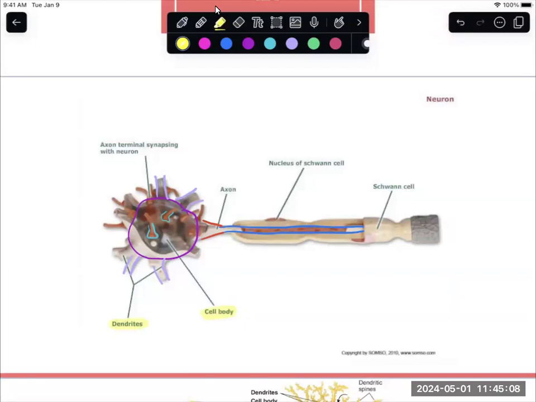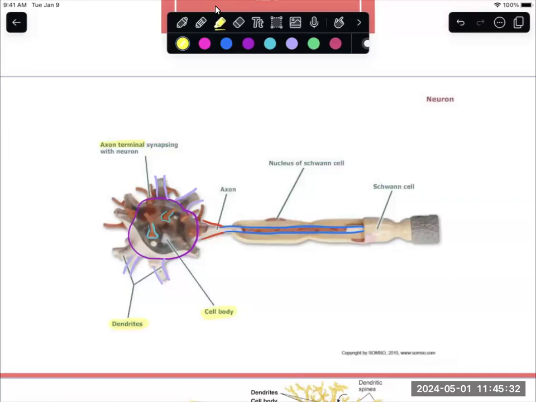So these axon terminals can connect to the dendrites. They can connect to the cell body. So these are different ways that these neurons will communicate and connect to each other.